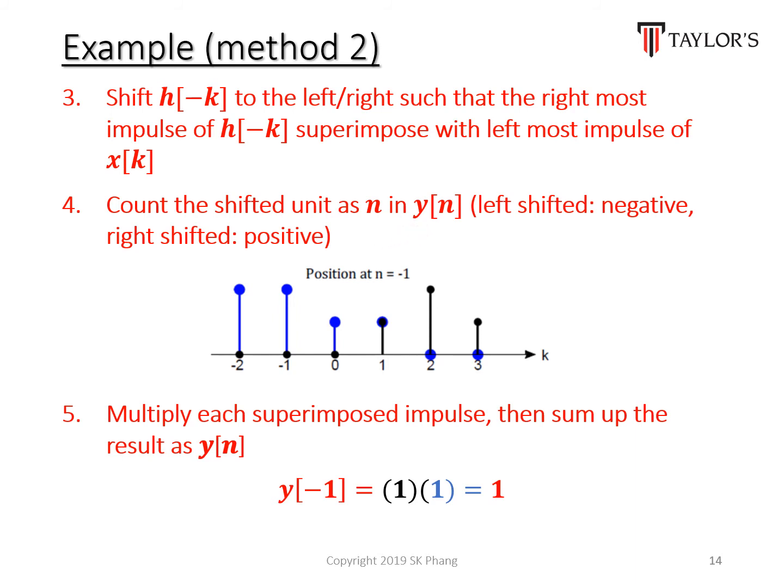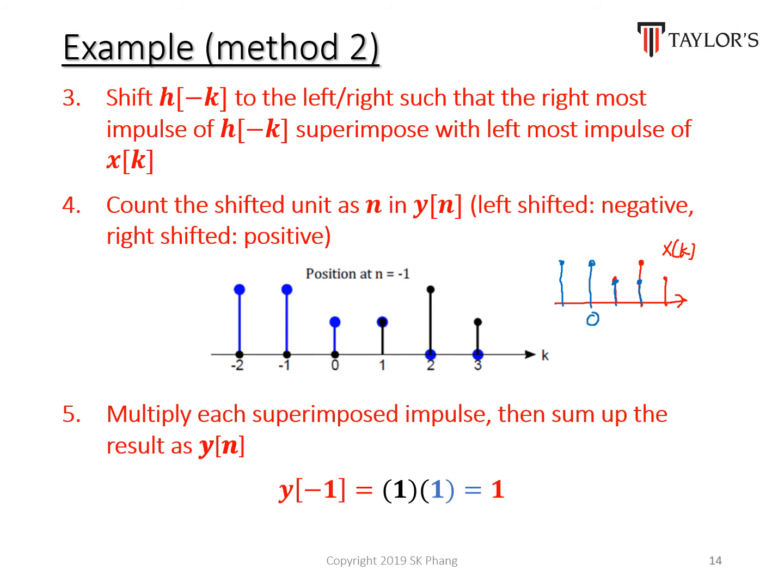If you still remember previously on our graph, it looks like this, where this is the xk, and let me change the color of the pen. So let's say we have the blue color also, and our h minus k was here. 1, 2, 3, and 4, and this is the zero position.